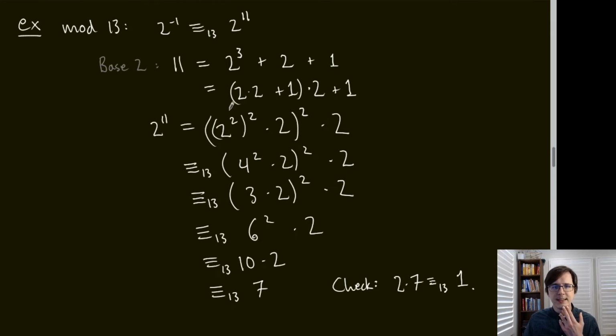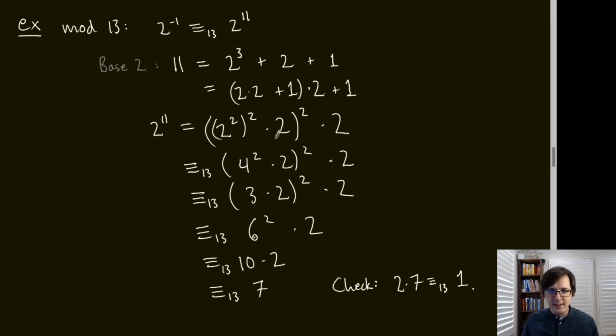So then, using this representation, we can do 2 to the 11 as 2 to the 2 squared, then this plus 1 turns into times 2, and then we're multiplying by 2, which turns into a square, and then we're adding 1, which means times 2. So using just plain old exponentiation rules, replacing the 11 with that, we can turn it into that.